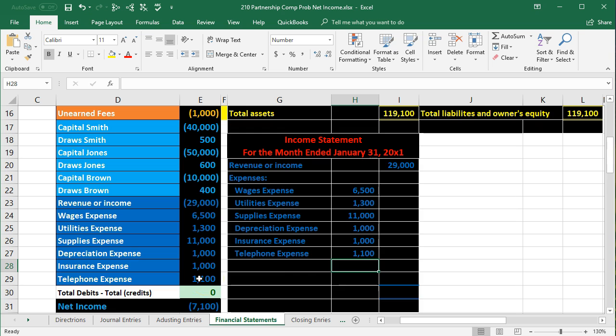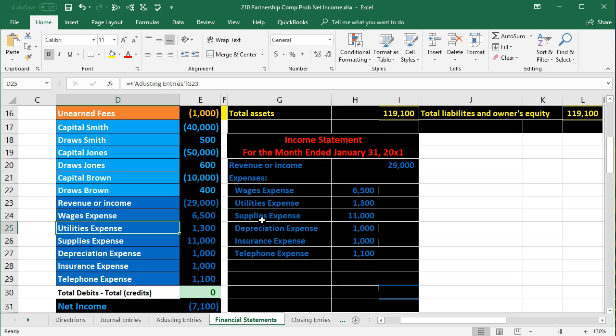Now note, before we do the autofill here, I'll show that with an autofill. Note that obviously this is a pretty simplified income statement. If we had a whole lot of accounts, for example, some companies may have a lot more detail on their trial balance than they want on their income statement. They may have a separate expense account for each region for wages, utilities, supplies. They may want to combine certain accounts when we get to the income statement because our reader doesn't need that much detail.